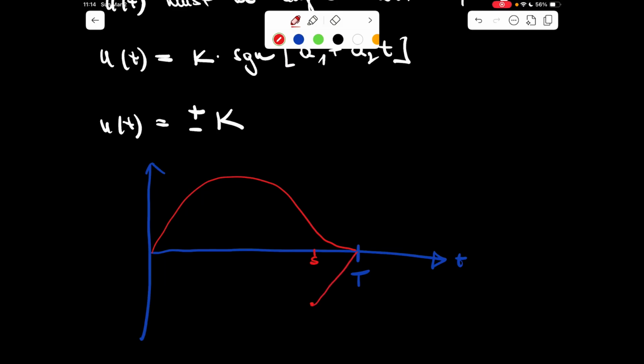So something like this. We receive something like this. Yes, this is the maximum point of velocity. Xt.